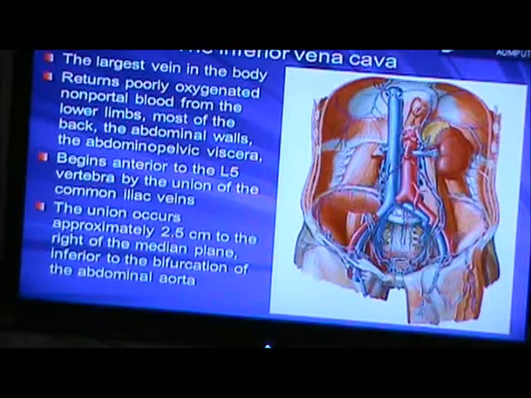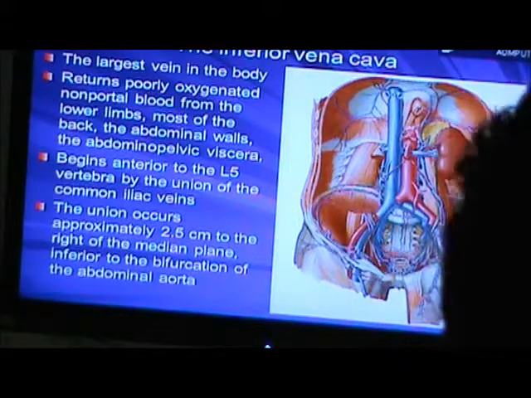The inferior vena cava begins anterior to the L1 vertebra by the union of the common iliac veins. The union occurs approximately 2.5 centimeters to the right of the median plane, inferior to the bifurcation of the abdominal aorta. We know that the abdominal aorta ends at the level of L3, L4.